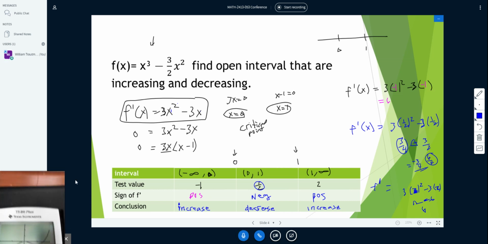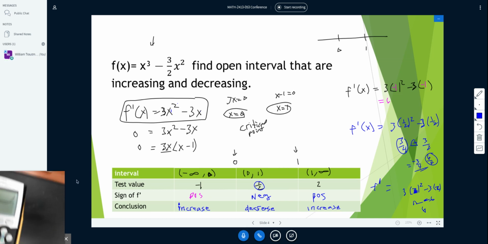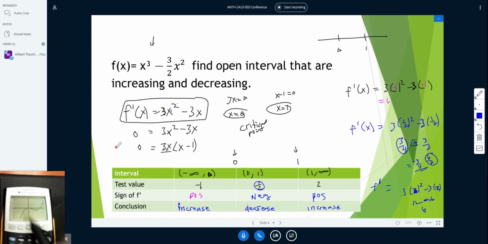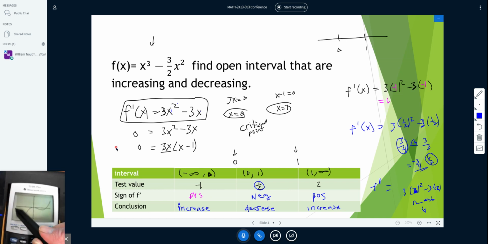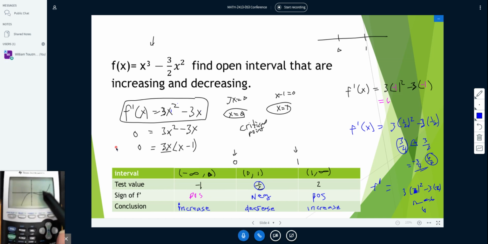And we said from negative infinity to 0, do you see how the function's increasing? From 0 to 1, here's 0, here's 1, the function's decreasing. And then from 1 to infinity, the function's increasing.